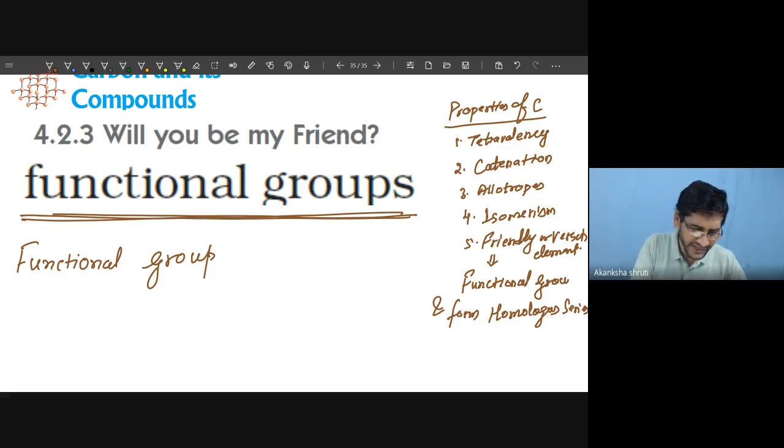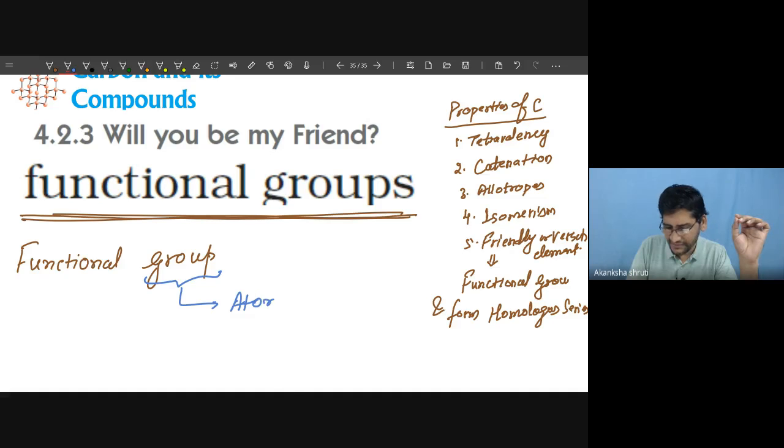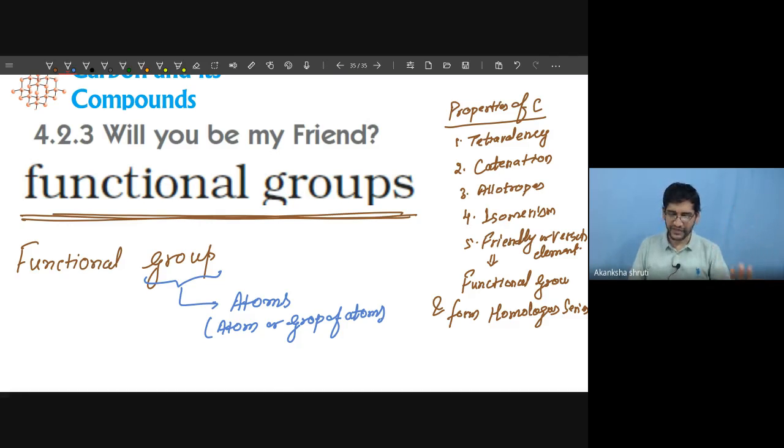Students, in chemistry, group always means a single atom or a group of atoms. So it simply means that.